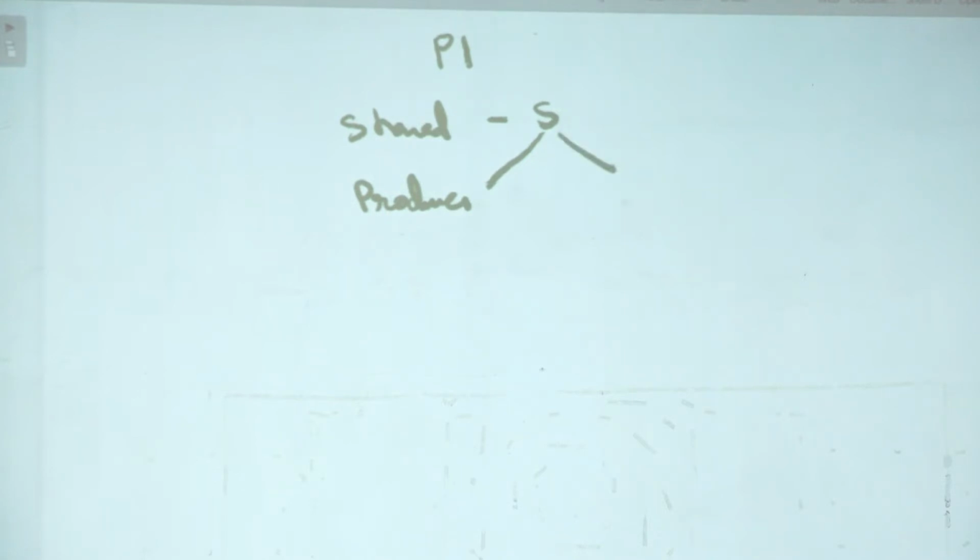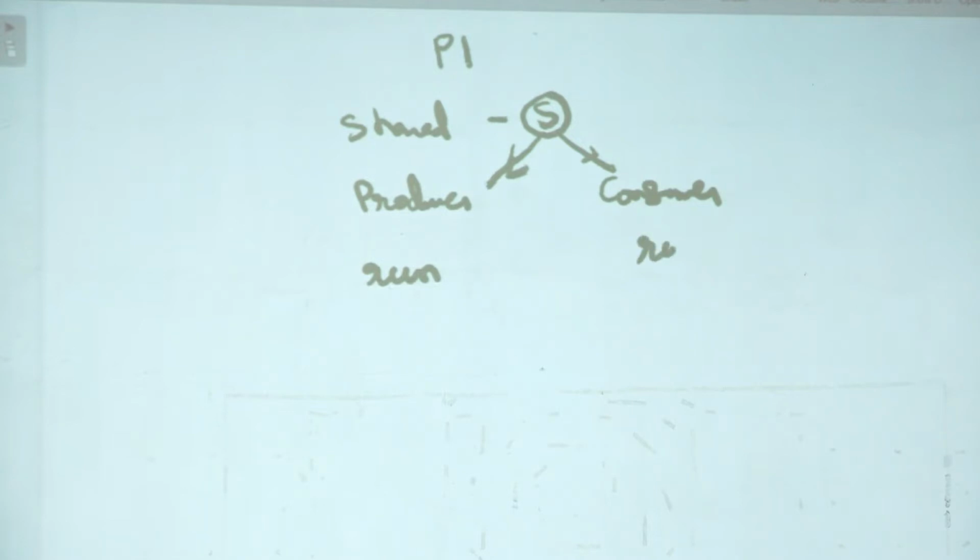Then we are creating a consumer. The consumer is also given the same shared object. So the producer and the consumer both have the same shared object, which was created by the program.